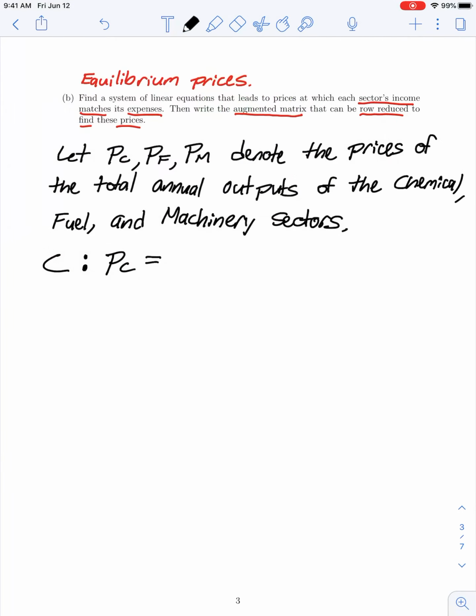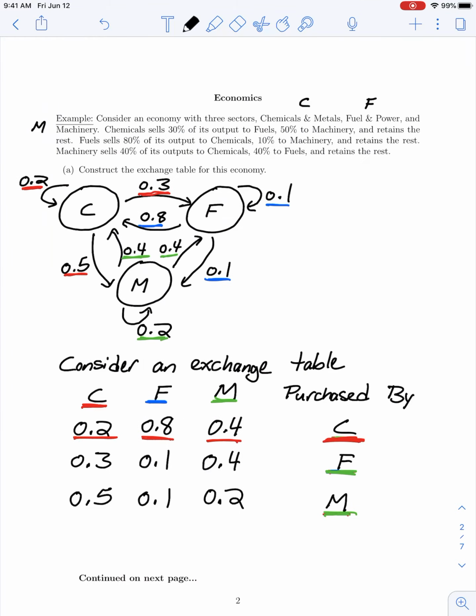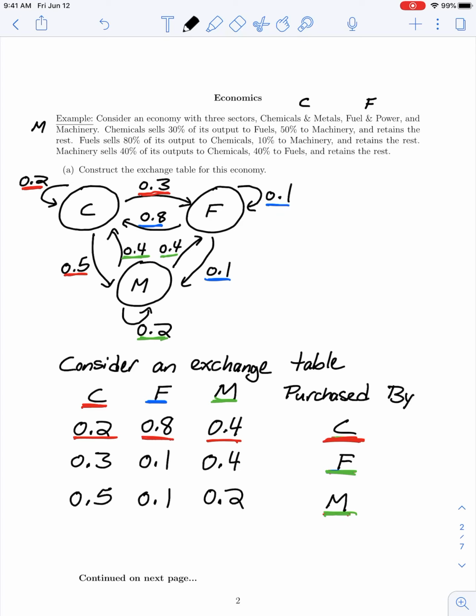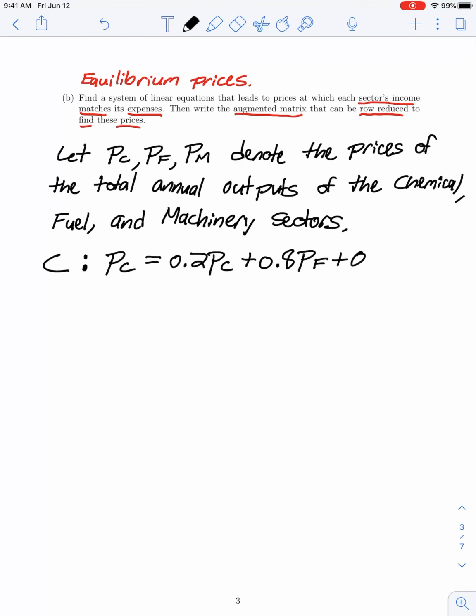So they are purchasing 20% of their own total annual outcome, which we were calling P sub C, plus 80% of the total annual outcome from the fuel sector, plus 40% of the total annual outcome from the machinery sector.